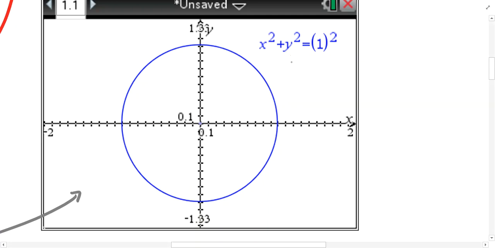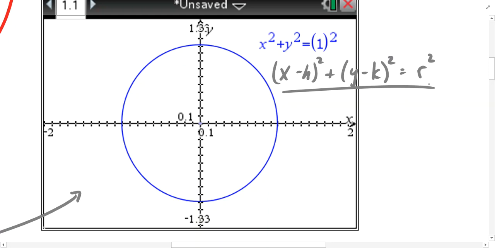Actually, there's a little bit more to it than that. (x minus h) squared plus (y minus k) squared equals r squared. That's our general form of a circle, where h and k represent the center and r represents the radius of the circle.